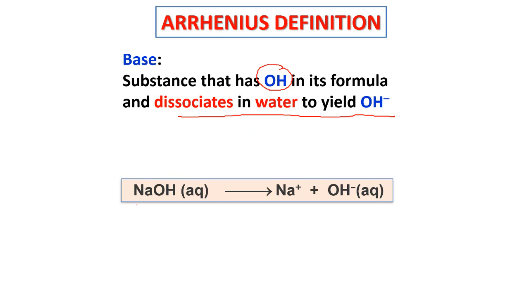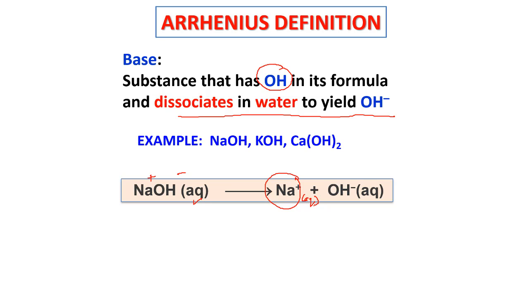Sodium hydroxide aqueous, it is a basic solution. So when this sodium hydroxide aqueous solution dissociate in water, apabila tercerai dalam air, dia akan tercerai menjadi ion-ionnya, sodium ion and hydroxide ion. So kat sini letakkan phase aqueous ya. Alright, okay, and these are some example of base according to Arrhenius definition.